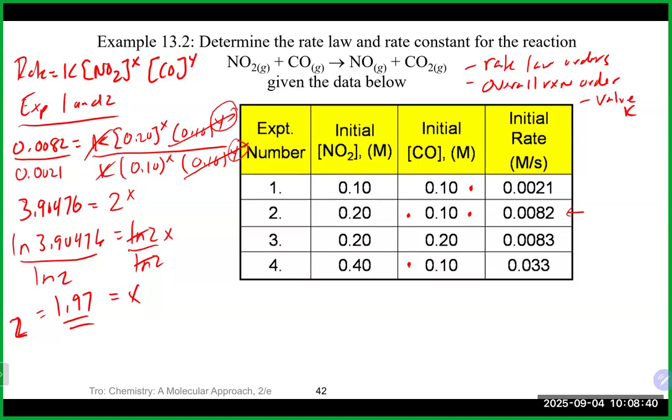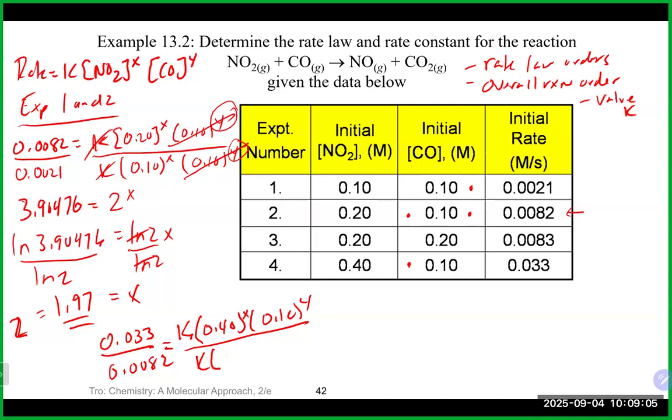Now, just to show you, if we did, for example, 2 and 4, we would have ended up with 0.033 divided by 0.0082 equals K, 0.4 to the X and 0.1 to the Y, over K, 0.2 to the X and 0.1 to the Y. In this situation, we would have ended up with 0.033 divided by 0.0082.